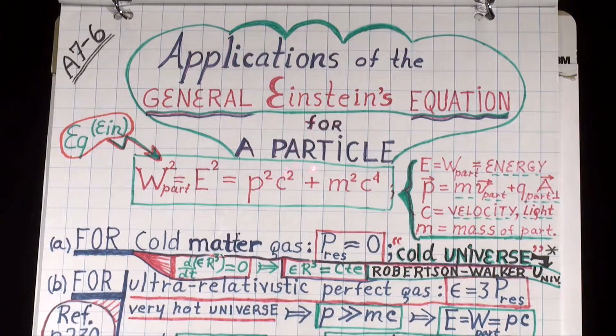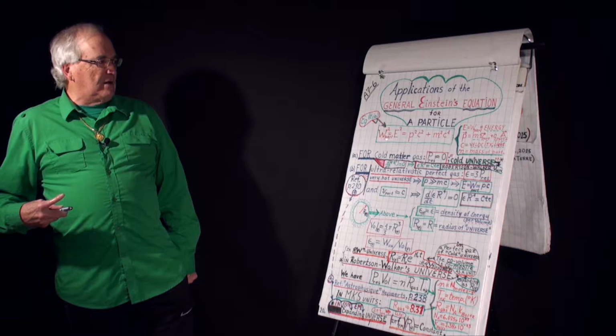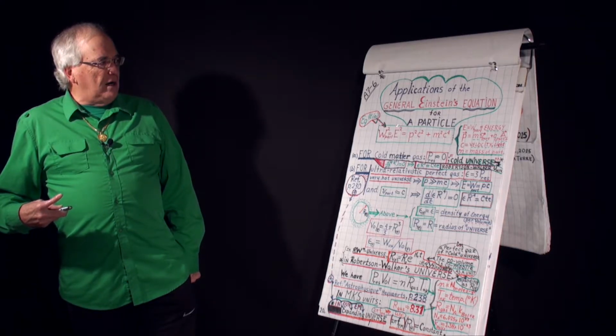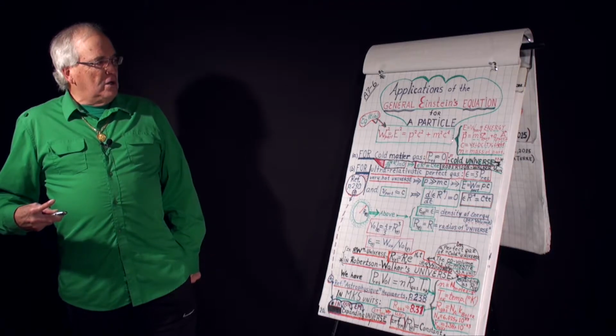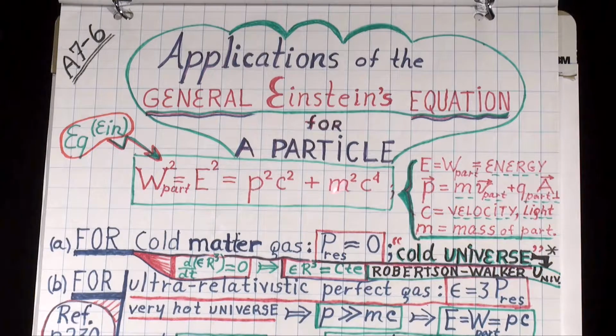that we have shown earlier in earlier video clips. For a particle, we have the equation that we have seen, including the square of the energy of a particle, which is the square of mc squared. That makes m squared c to the fourth for the square of mc squared.